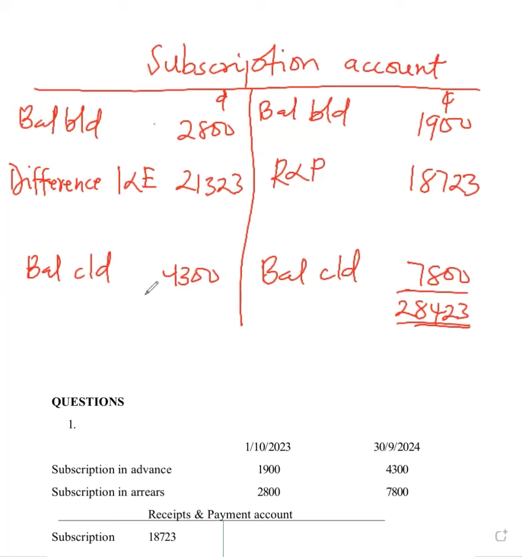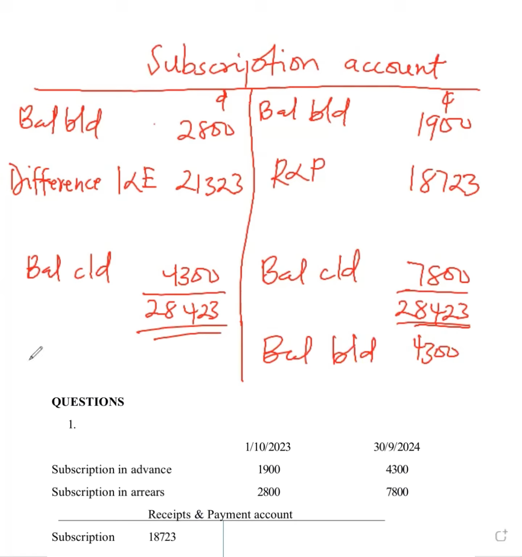So when we balance this, we have 28,423. Don't forget to write the balance down of these ones. So we bring the 4,300 here. Then we write balance down 7,800. Done. This is how to prepare the subscription account.